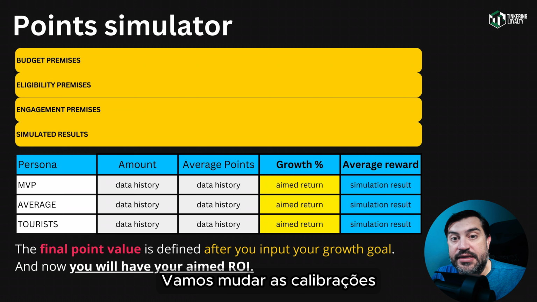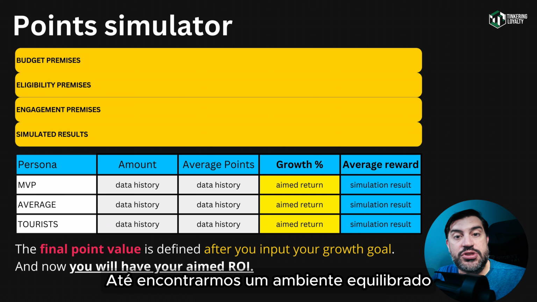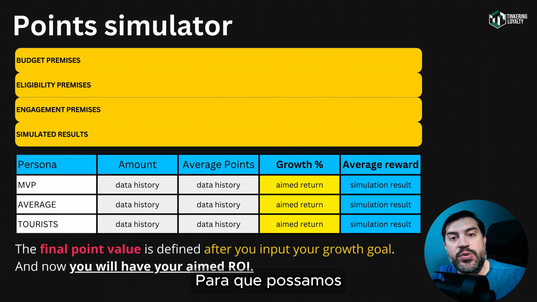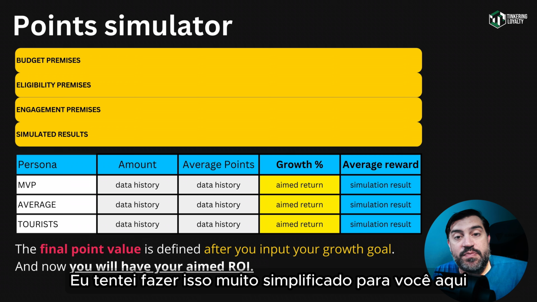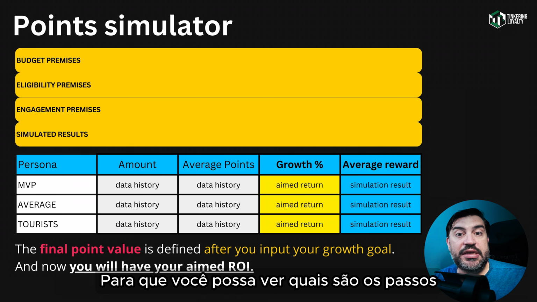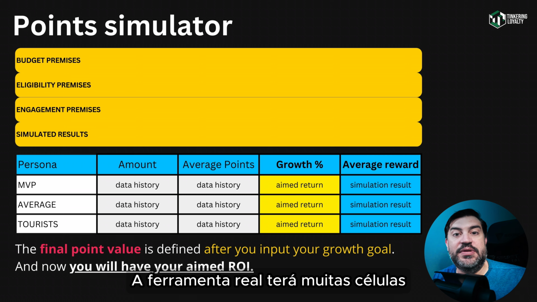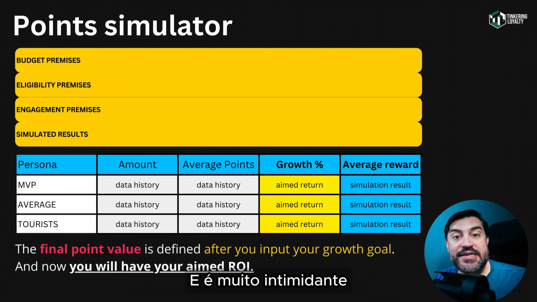If not, let's change the calibrations until we find a balanced environment that we can implement our initiative. I tried to make it very simplified for you here so that you can see what are the steps. The actual tool has a lot of cells and it's very intimidating.